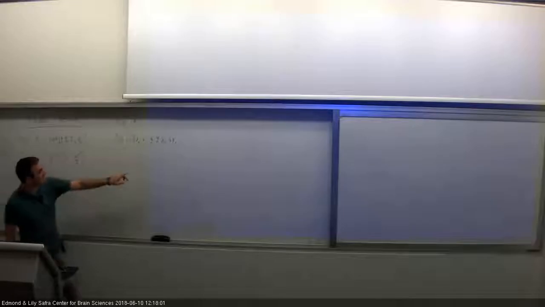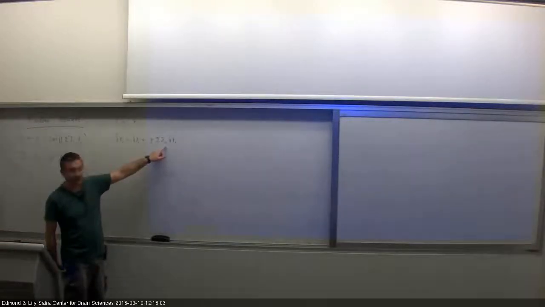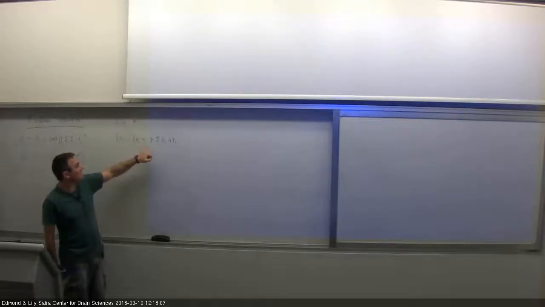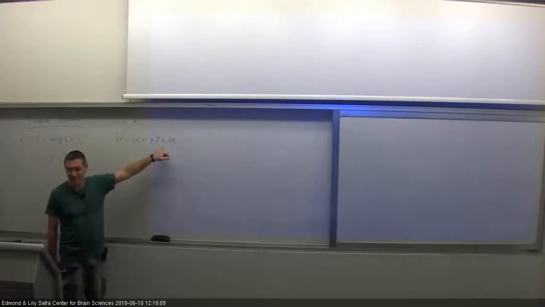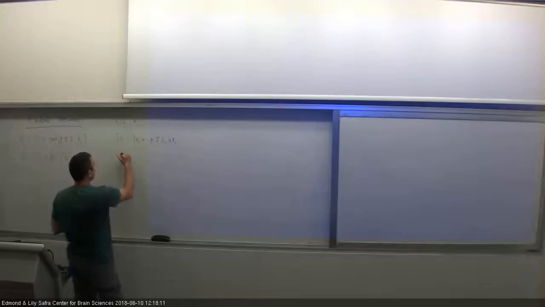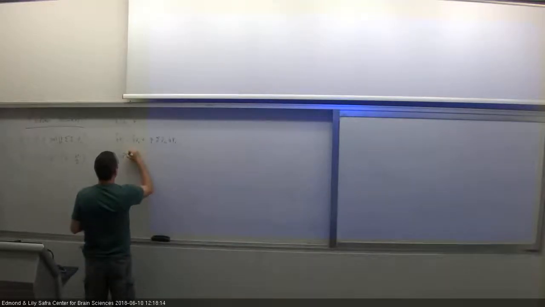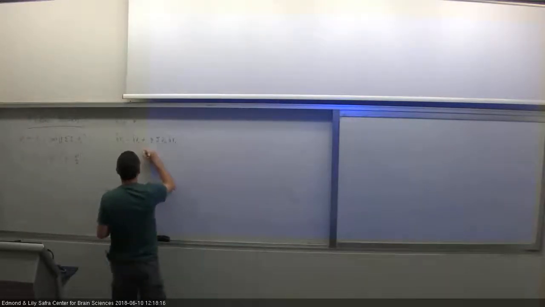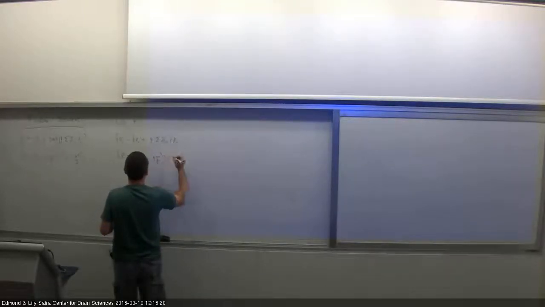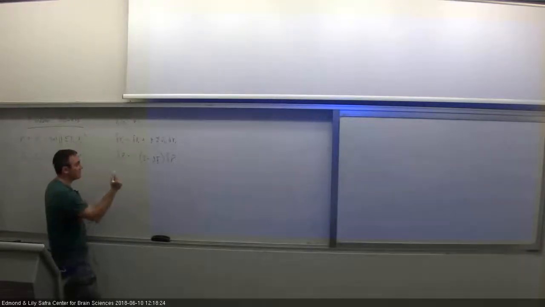So we need to find the eigenvalues of this matrix J. If we know the eigenvalues of this matrix J, then we will know the eigenvalues of the matrix beta times J. Let's write it as delta r dot is equal to minus I minus beta J delta r, using matrix notation.